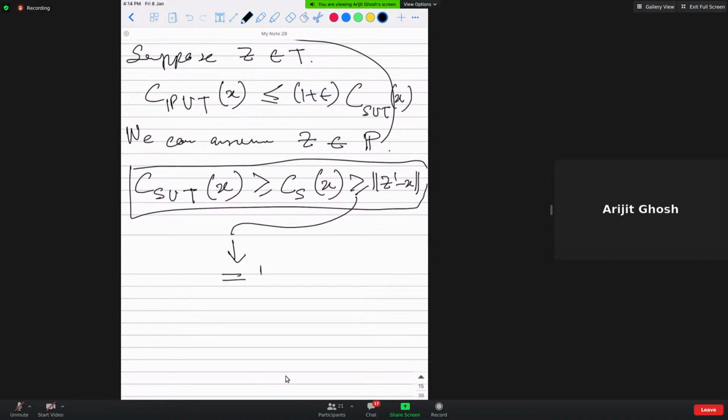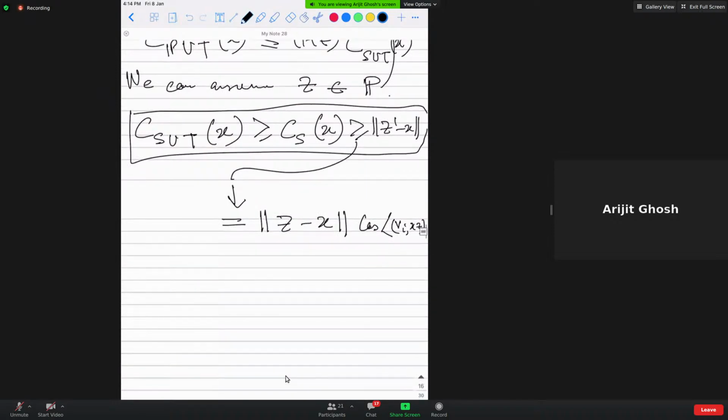This is cos of the angle between Vi and x, and this is greater than or equal.